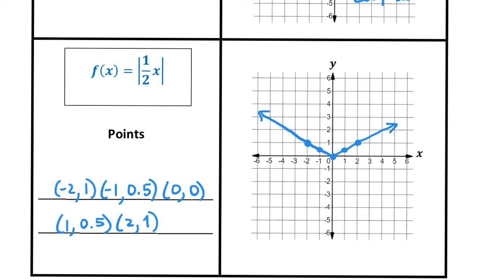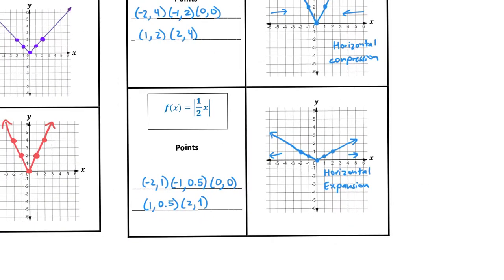And this is causing the arrows to stretch out that way. And so this is called horizontal expansion. You're expanding something. Okay.